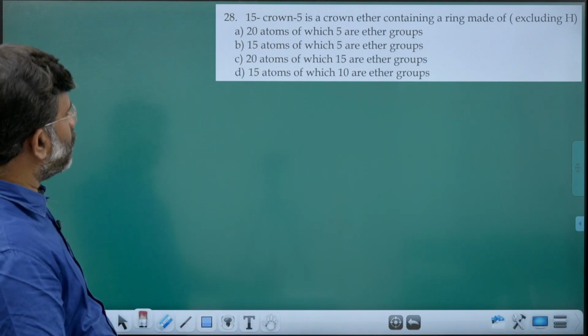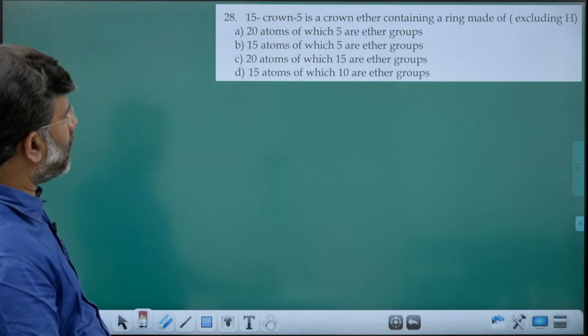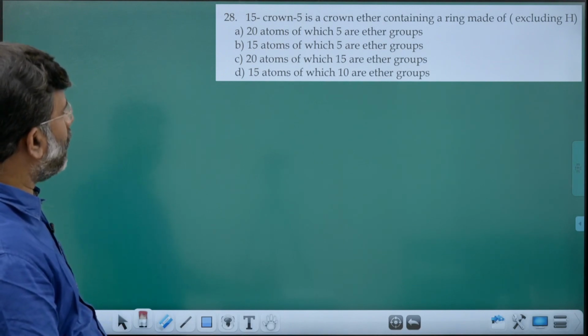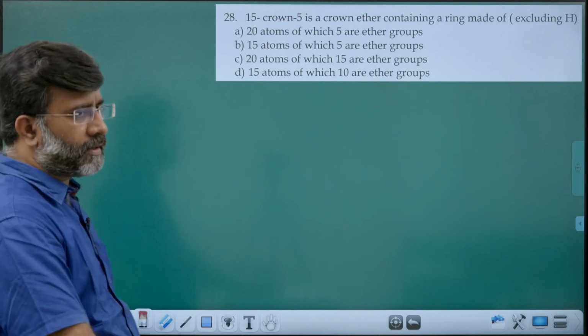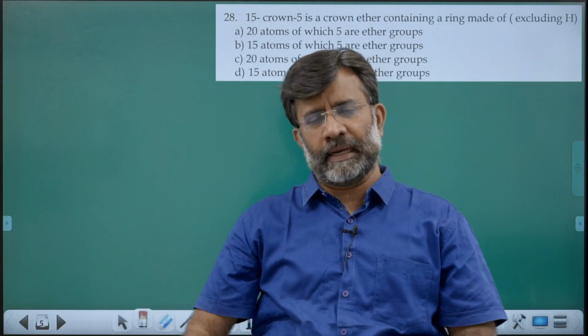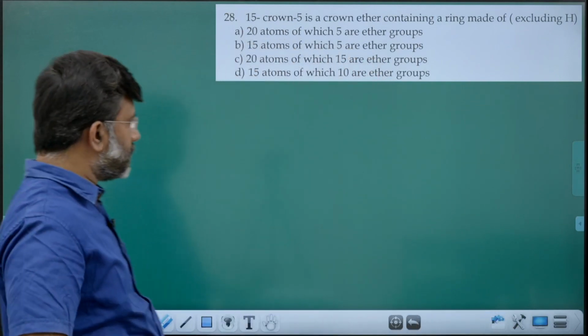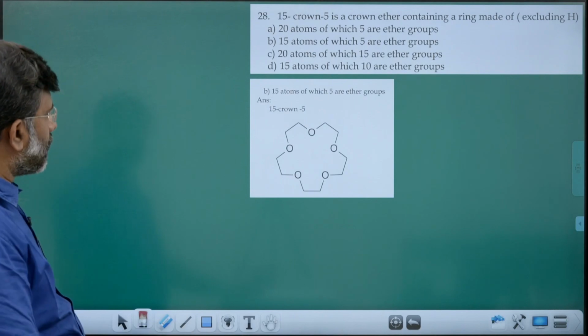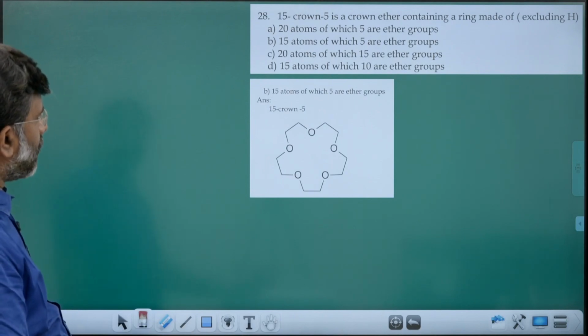15-crown-5 is a crown ether containing a ring made of, excluding hydrogen, how many atoms? Crown ethers are cyclic ethers. For example, this is a crown ether called 15-crown-5.